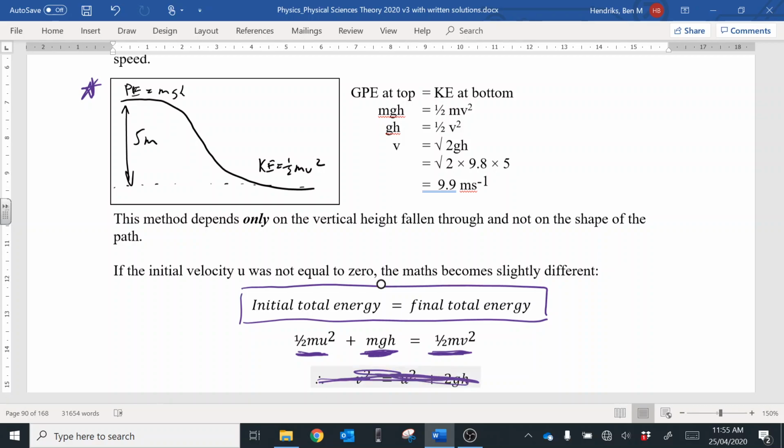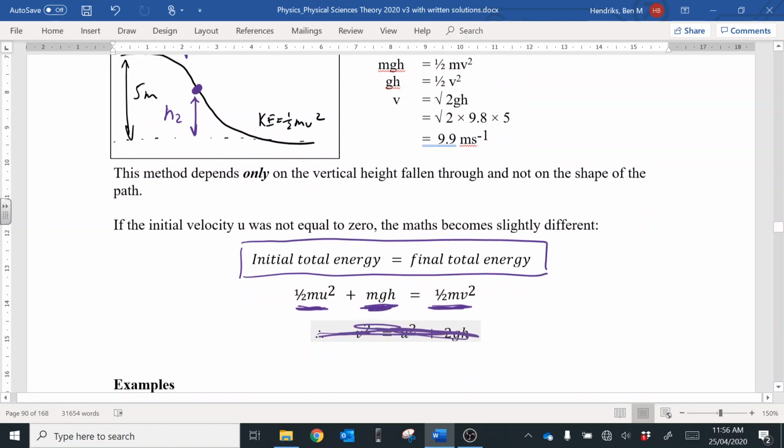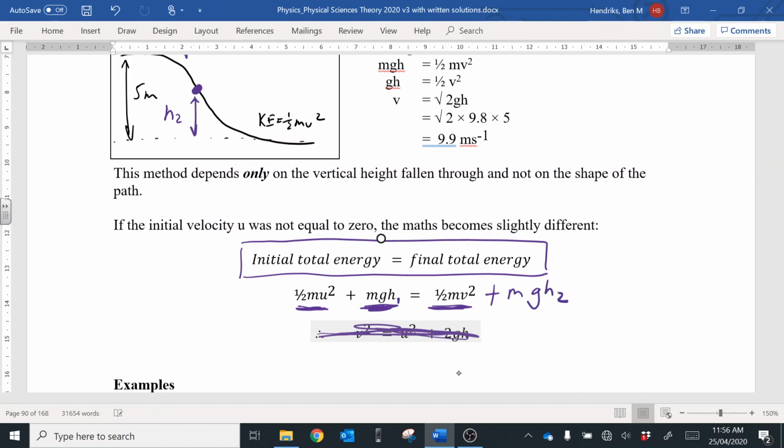So let's ignore that. Let's say that we're about halfway along this roller coaster, and we've got a height of h2 and we had h1 up here. So this initial height would be h1, and then our final total energy would include another potential energy of height 2.